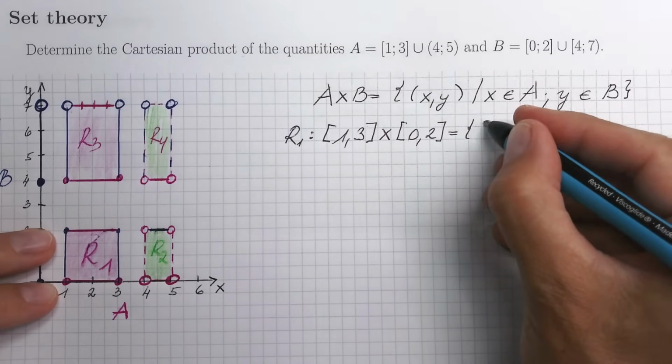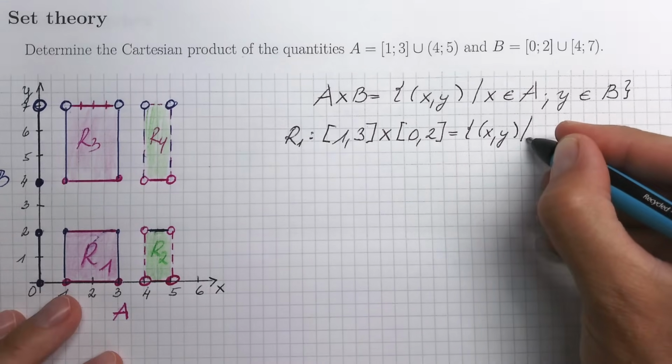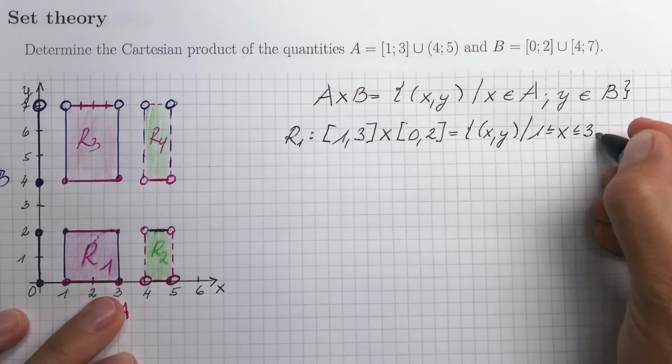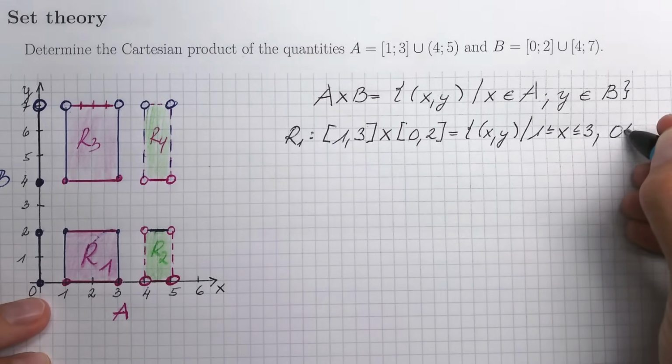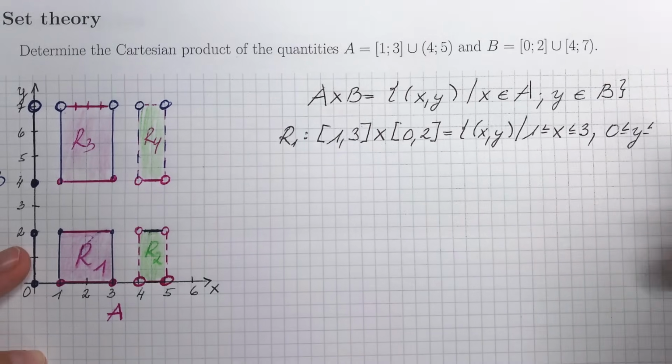It's the set of all pairs x and y such that 1 is less than or equal to x, less than or equal to 3, and 0 is less than or equal to y, less than or equal to 2.